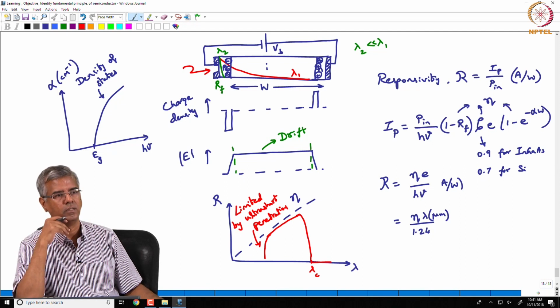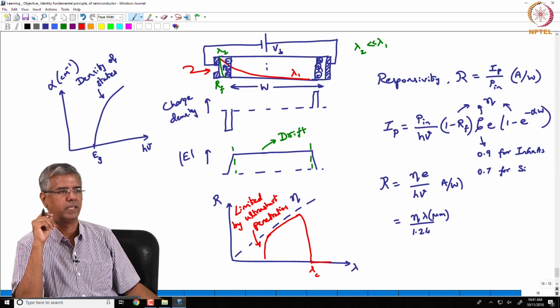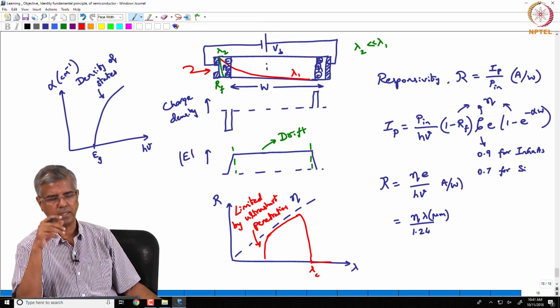So it doesn't generate a photocurrent in the external circuit. Okay, so that will be the limitation.